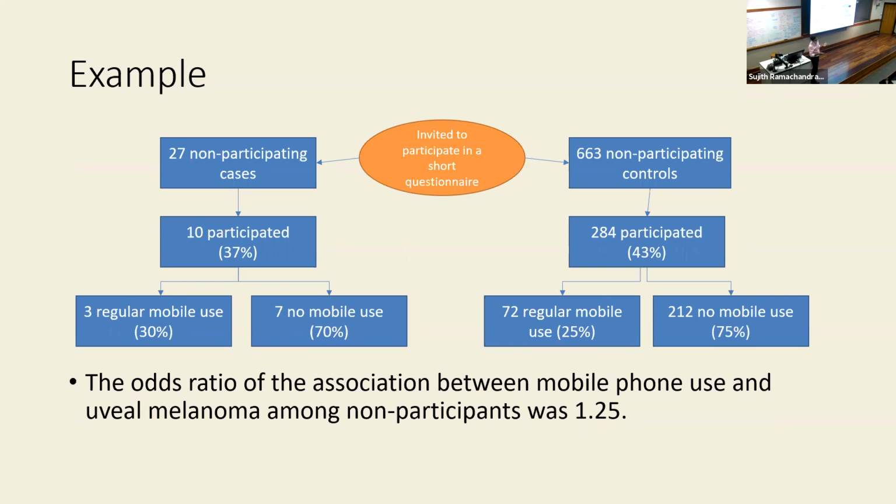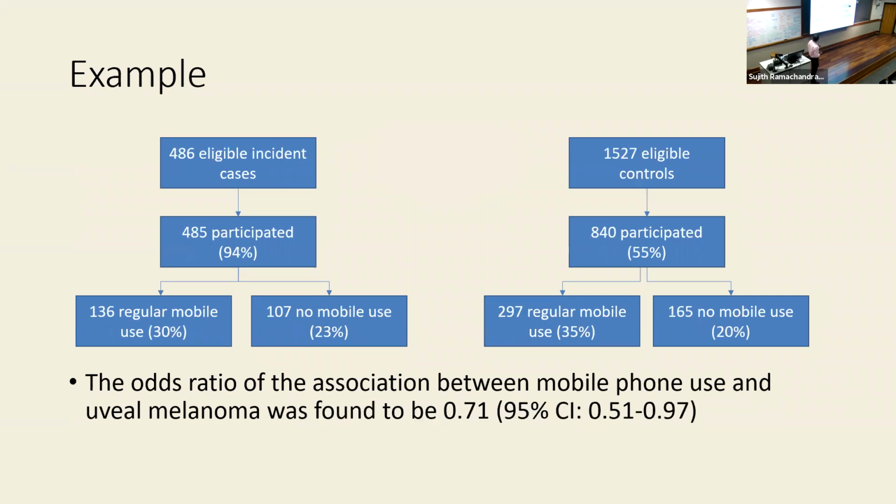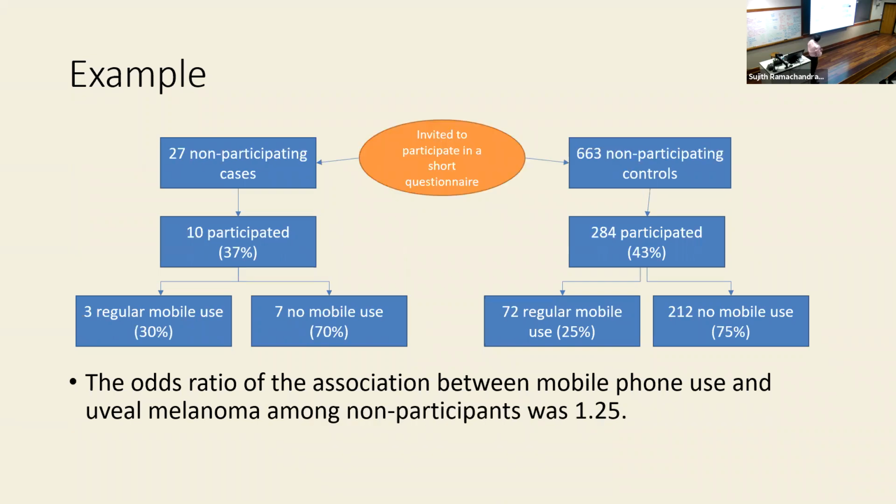Now, you could also argue that maybe those 17 people were similar to this original 485 instead of this 10. And that would be a great argument. And if you said that, I would say, great, we can do 2 quantitative bias analyses and look at different variations and see how results change. But for now, let's make the assumption that the people that did not respond even to the short questionnaire were actually similar to the people that did respond to the short questionnaire.